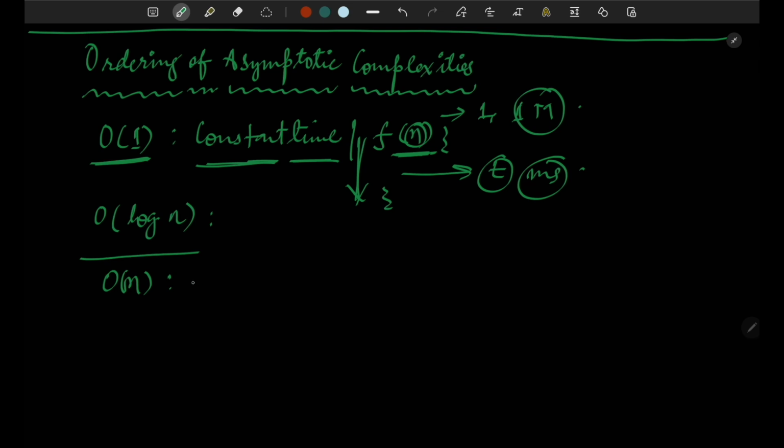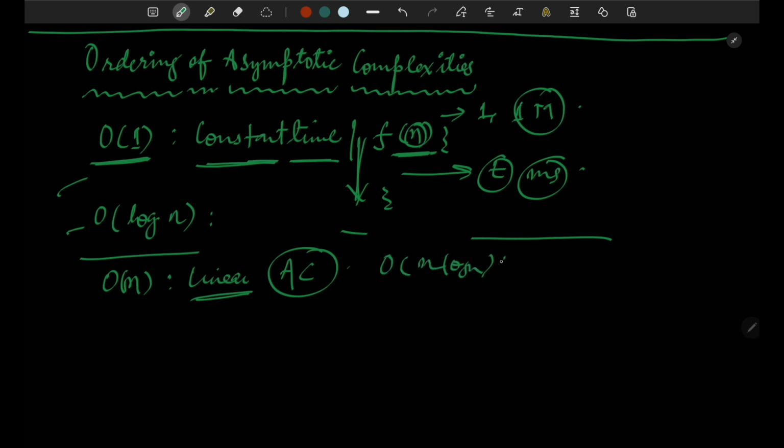So this one is also called linear time complexity or a space complexity, whatever you wish to use it for. So basically let's call this asymptotic complexity. So this one is worse than this one, and of course than this one. The next one on the list is big O of n log n, also called log linear time.